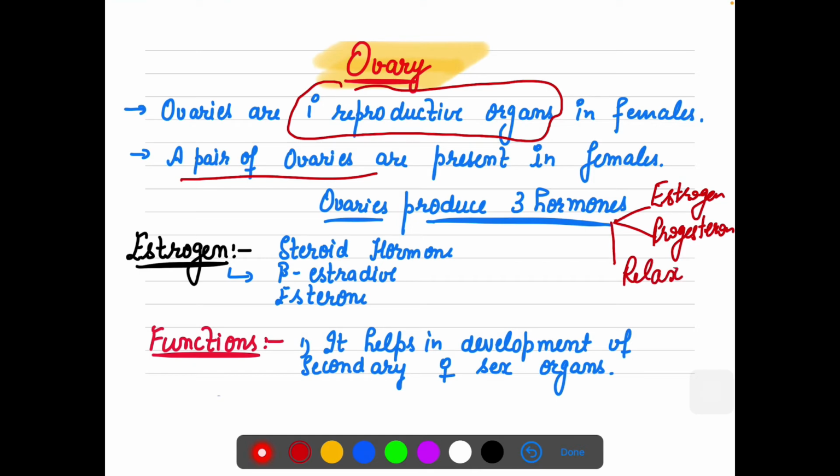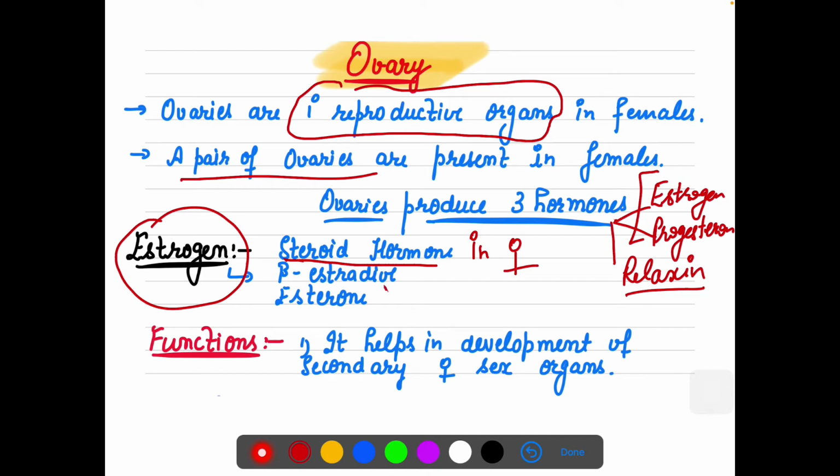But the major two, which we always talk about, are estrogen and progesterone. Estrogen is a steroid hormone in the females, and the major categories of this estrogen are beta estradiol and estrone.